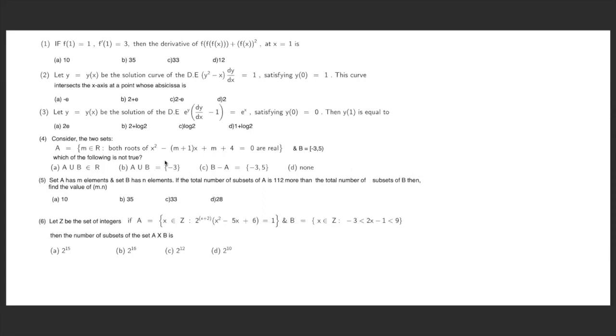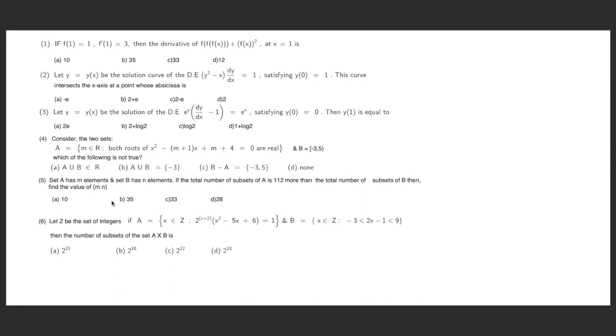Now let us look at the fifth problem. Set A has m elements and set B has n elements. If the total number of subsets of A is 112 more than the total number of subsets of B, then you have to find m into n.